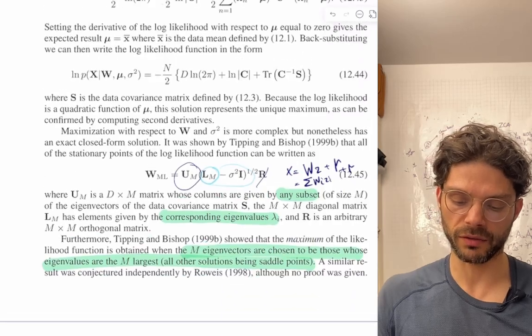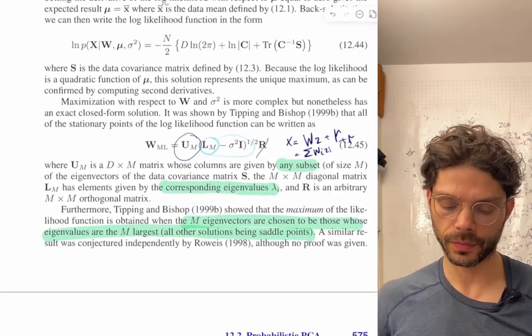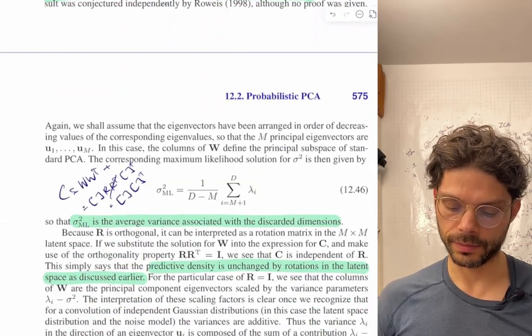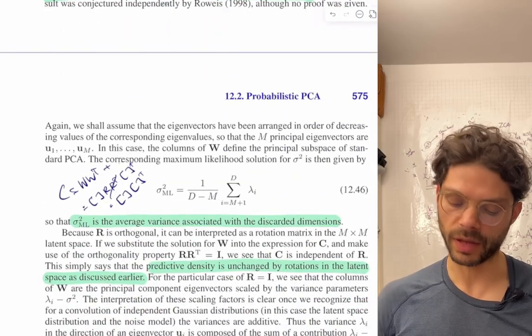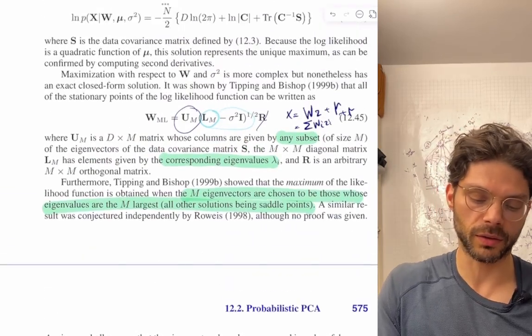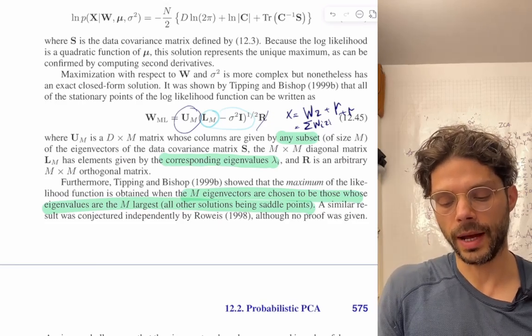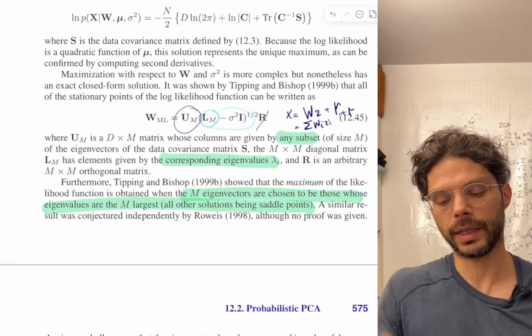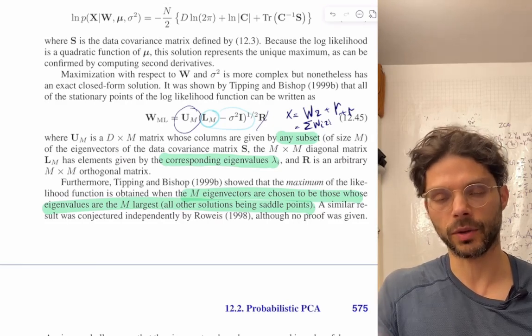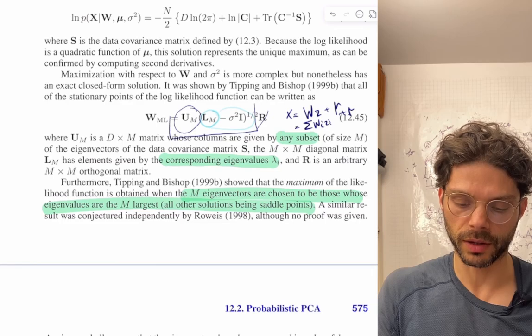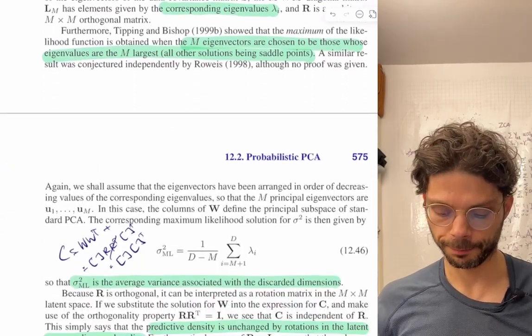So W_ML has each of its columns as an eigenvector, scaled by the square root of the eigenvalue minus sigma squared. That's just this part. That's all it's saying.